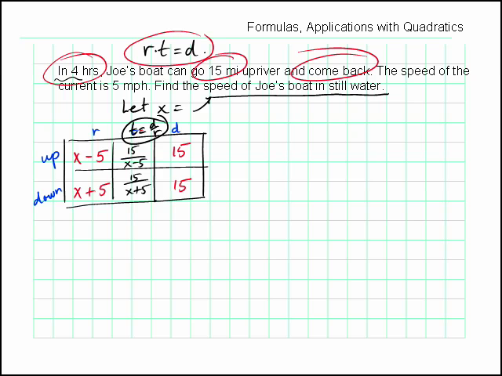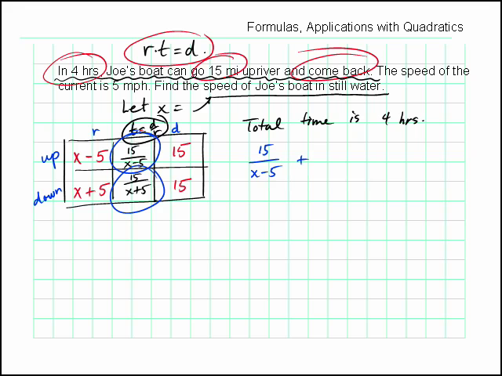Now the problem says in 4 hours Joe's boat goes up river and comes back, and so total time is 4 hours. So I take this time that it takes to go upriver plus the time that it takes to go downriver, and that should equal a total time of 4 hours.